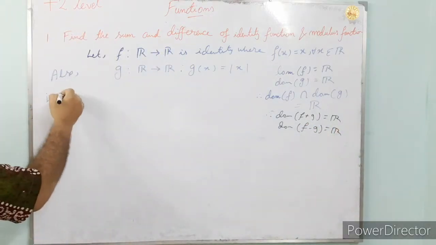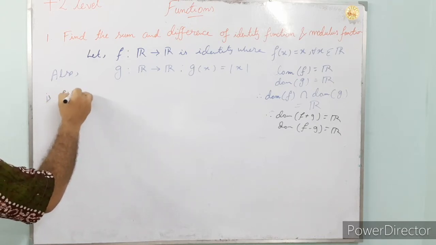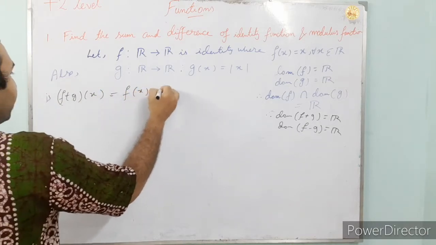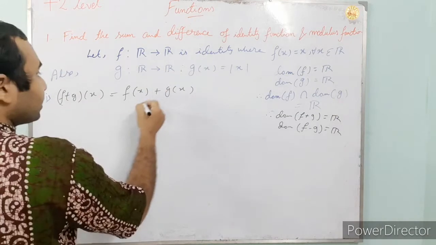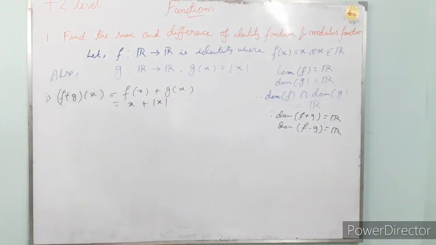Number 1, here f plus g of x, we know from the definition, will be f of x plus g of x. So f of x is x and g of x is mod x.